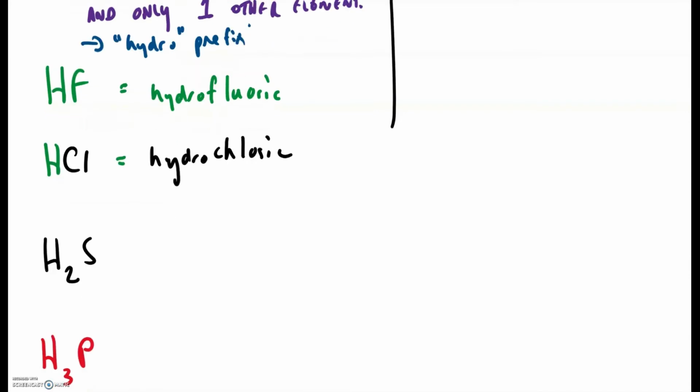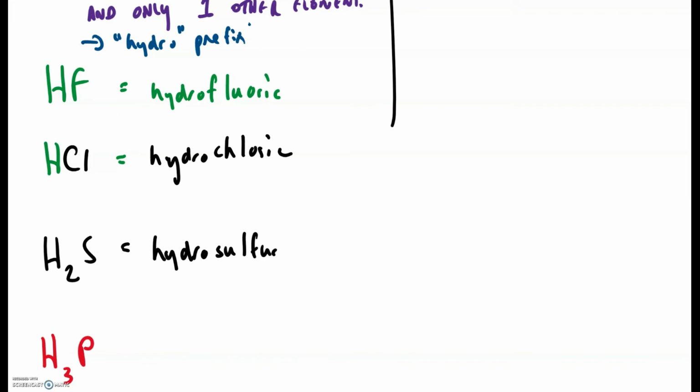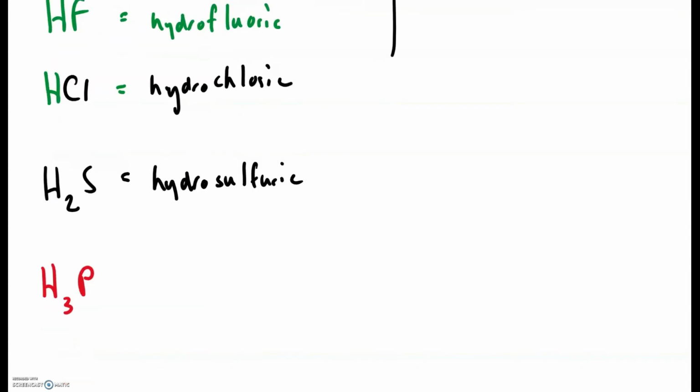Here's one, H2S. We're going to drop that ending and change it to ic. You can do it. Some people say hydrosulfic. Some people say hydrosulfuric. They both work. This would be obviously hydrophosphoric. So hopefully you're getting the hang of this. I don't know why that erased itself.